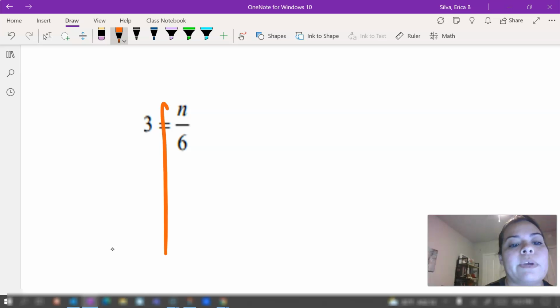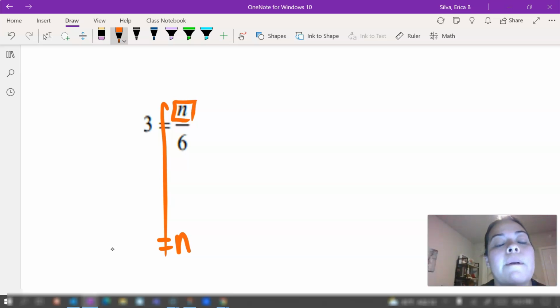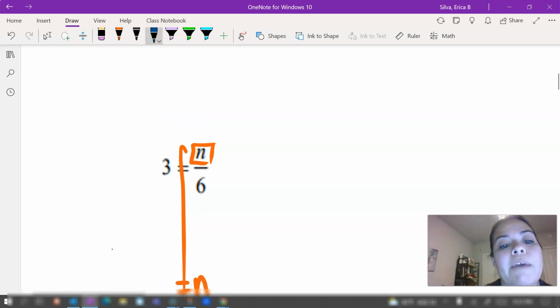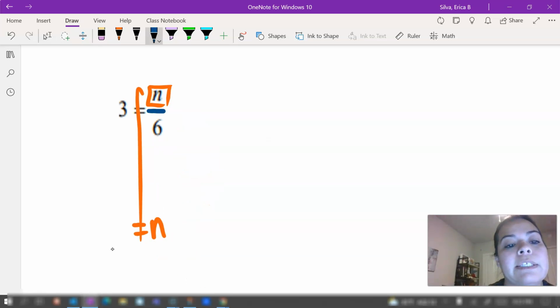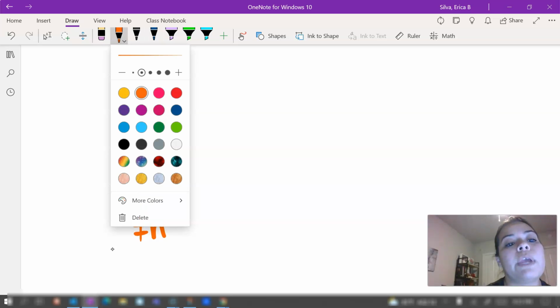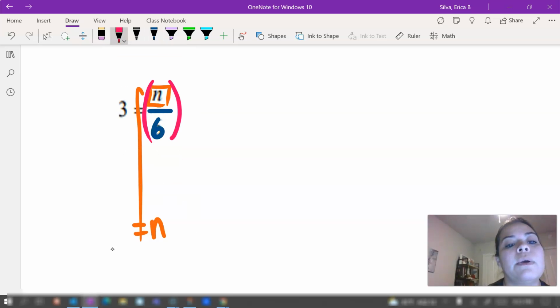Again, let's start with putting our line down the middle, identifying what variable we're looking for, and that's n. So we're going to start with n is equal to, and then the number that's keeping us from having n by itself is that 6, and it is attached to that n by division. So we're dividing by 6. So to undo that division, we have to do its inverse, which is multiply.